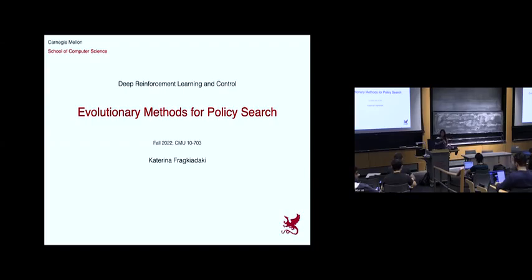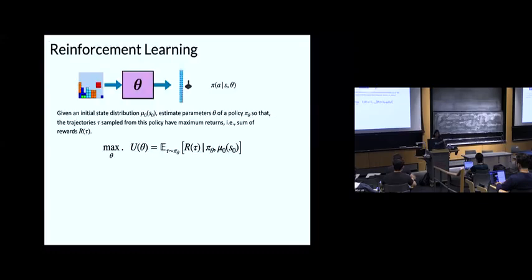So let's start with our lecture today, which is evolutionary methods for policy search. In reinforcement learning, our goal is again the same. We want to learn the parameters of our policy. The policy takes as input states, sensory input out of which it squeezes a state representation, and maps to actions.